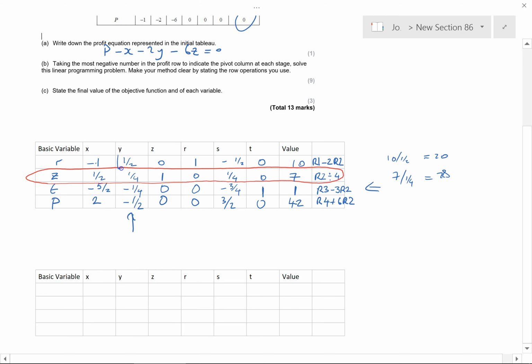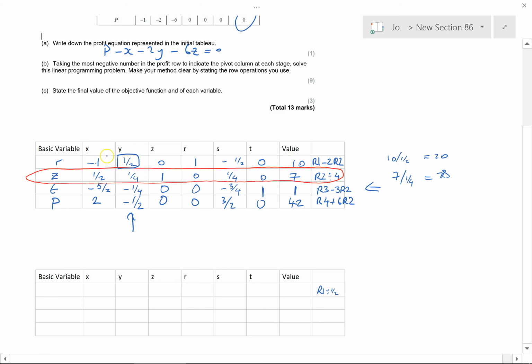So that means that this is our pivot row. Okay, so our row operator, we can double it or talk about dividing by half. So we can say R1 divided by a half, or R1 times 2, take your pick, is our row operator. Okay, so timesing this by 2.